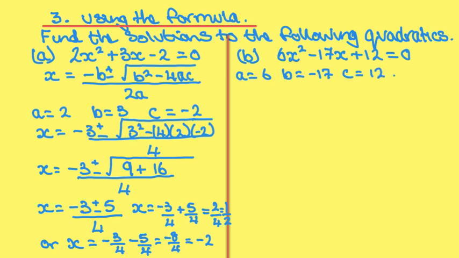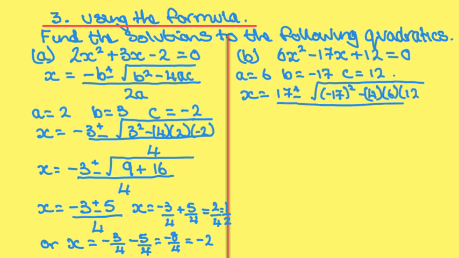Put it straight into your formula, so you get x is equal to minus b, so that's 17, plus or minus the square root of b squared, so that's minus 17 squared, minus 4 times a, which is 6, times c, which is 12, all over 2a, or 2 times 6 is 12.